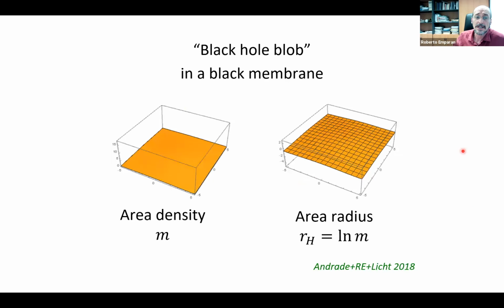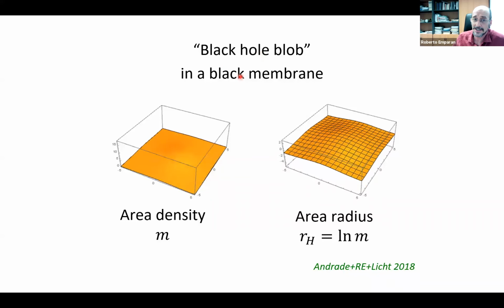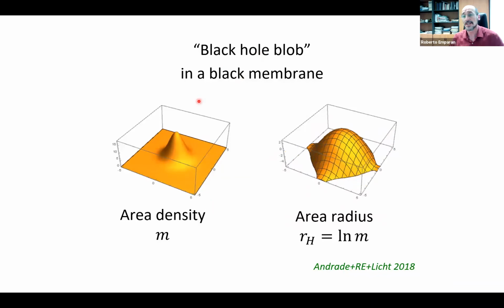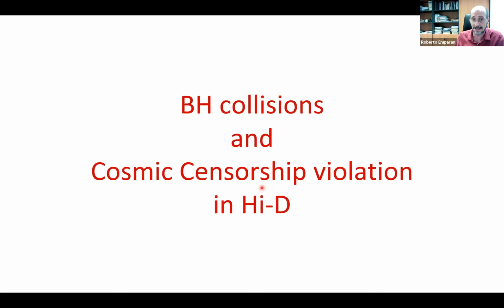First of all, it's the idea that we can describe a black hole as a blob on a membrane. That membrane, as I was saying, is unstable to clumping. What you can see in this picture looks quite a bit like a spherical black hole. That's the idea, that these black strings are going to break up into spherical black holes.